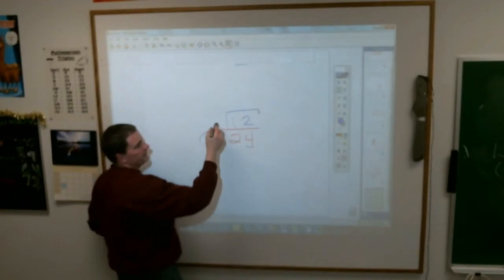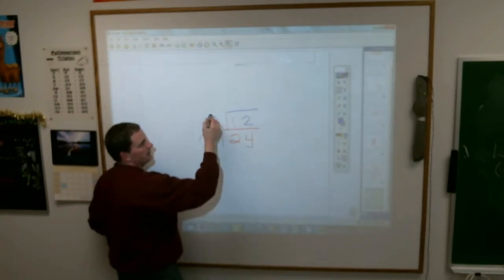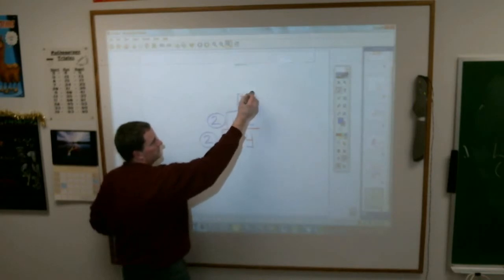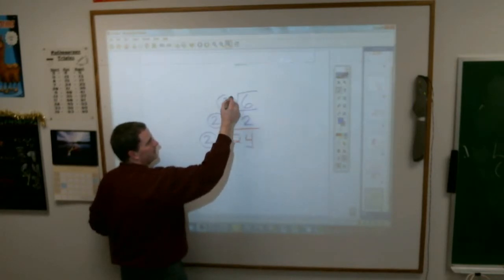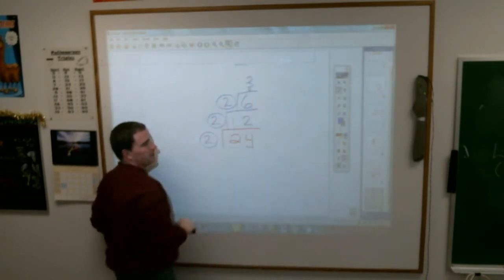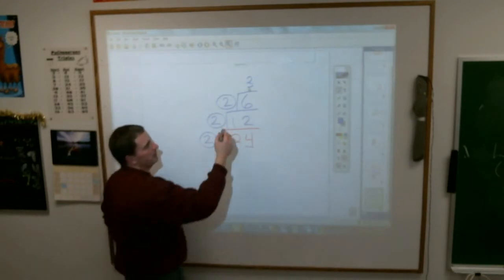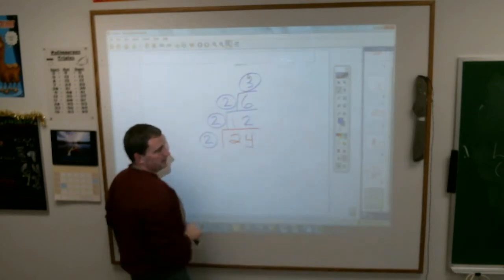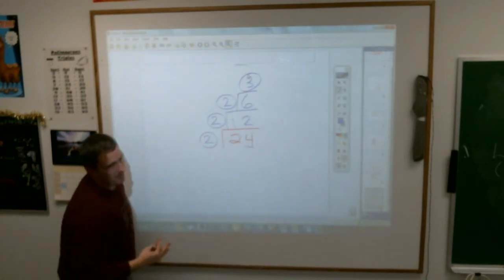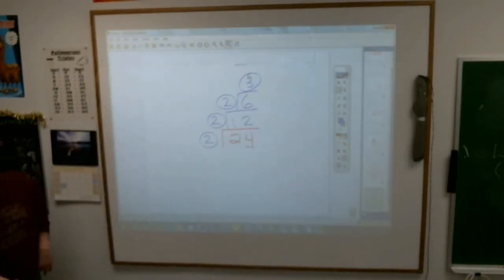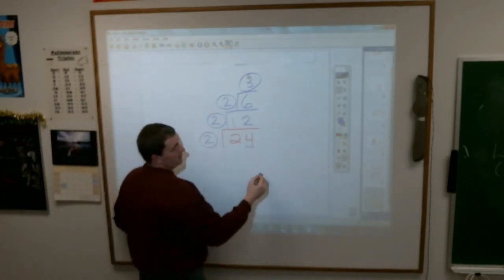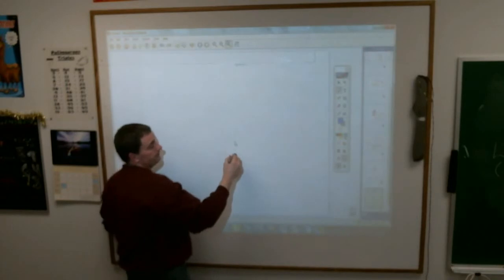And again, as long as it's even, I keep dividing it by 2. 12 divided by 2 is 6. 6 is still even, so I divide it by 2 and I get 3. And then once you end up with a prime number at the top, you can stop. Because it's 2 times 2 times 2 times 3. Same thing as the factor tree, just doing it by division. And you might want to do the division thing like if you come up with 124.